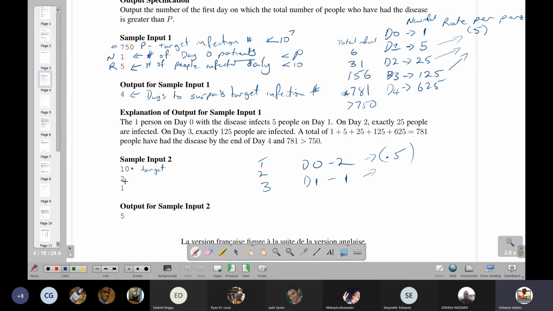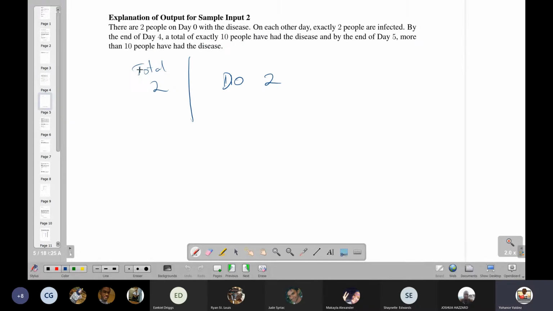Number of day 0 patients, number of people infected daily. Yes, because this number represents the number of people infected daily. So each other day, exactly 2 people are infected.